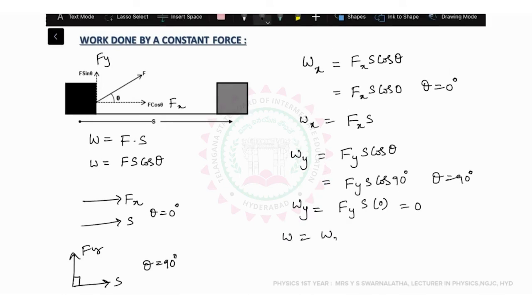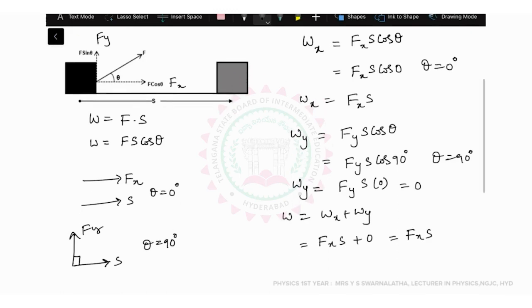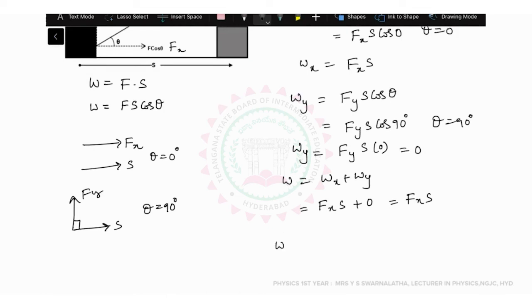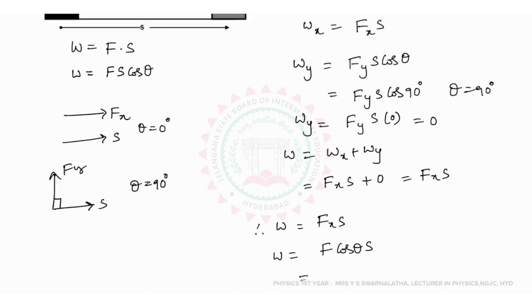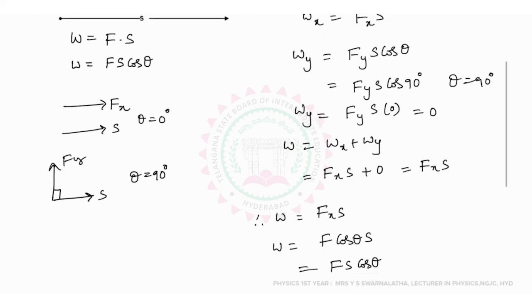Now we'll calculate the total work done. W is equal to Wx plus Wy. So Wx ఎంత వచ్చింది Fx S plus 0. So that is equal to Fx S. W is equal to Fx S. So Fx అంటే ఏమని తెలుసు W is equal to F cos theta horizontal component S. So W is equal to Fs cos theta అని రాసుకోవచ్చు మనం.